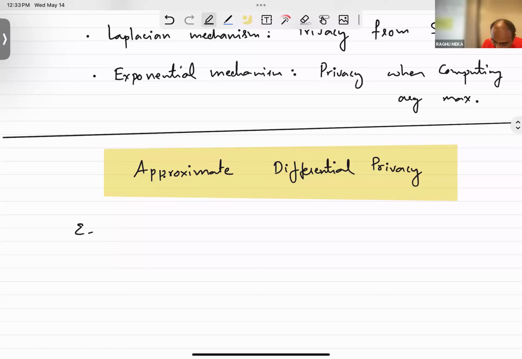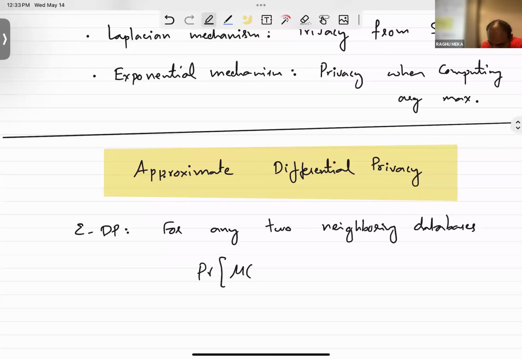Okay. So to do that, let's motivate the definition by first going back to epsilon differential privacy. It said for any two neighboring databases, we needed this quantity.